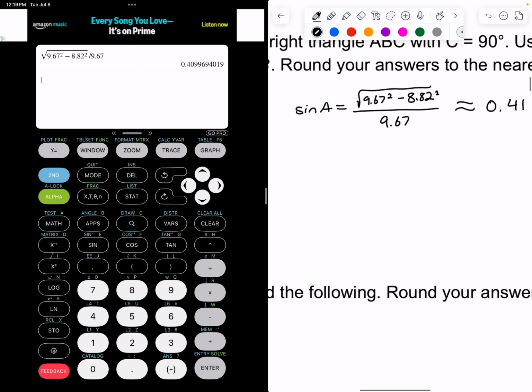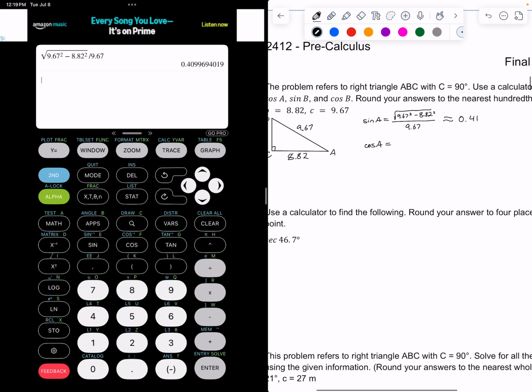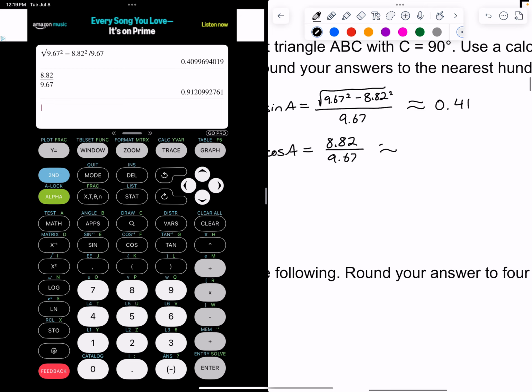Then for the cosine of A is adjacent over hypotenuse. That's 8.82 over 9.67, which again I can do in the calculator. 8.82 over 9.67, and that will give me 0.91.